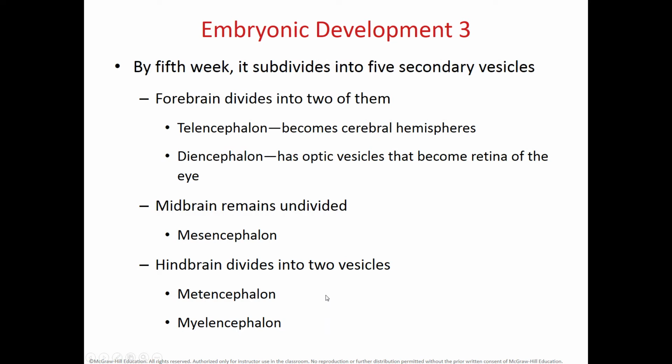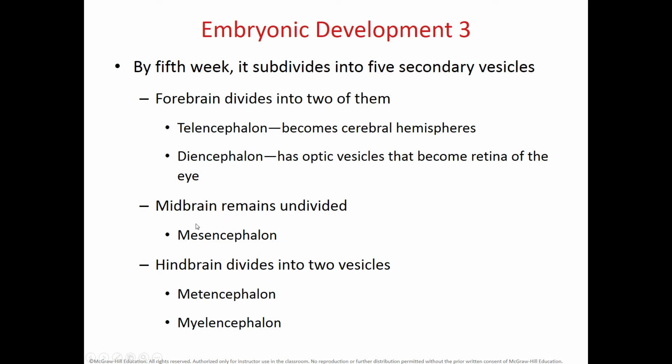By week 5, some of these vesicles will subdivide. So the forebrain, for instance, is going to divide into 2. It's going to form the telencephalon, which is going to become the cerebral hemispheres, and the diencephalon, that is going to have the optic vesicles that will form the retina.